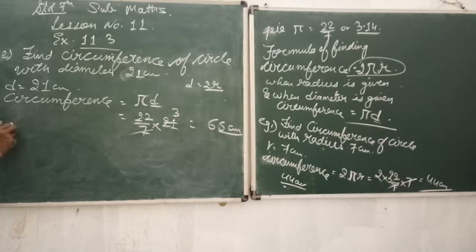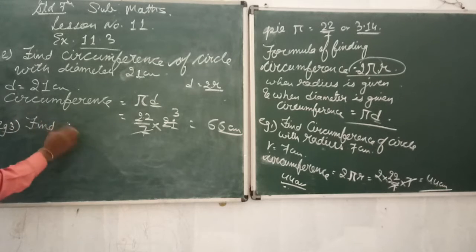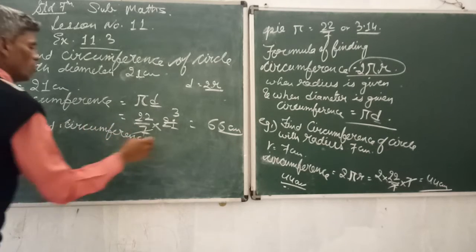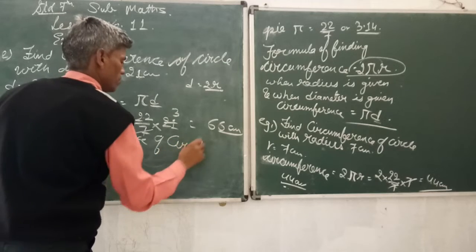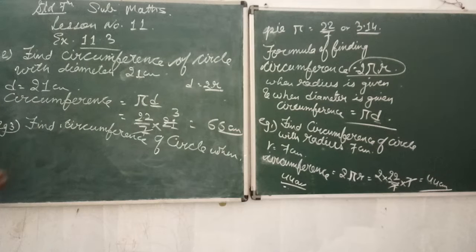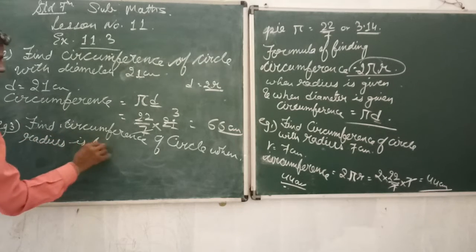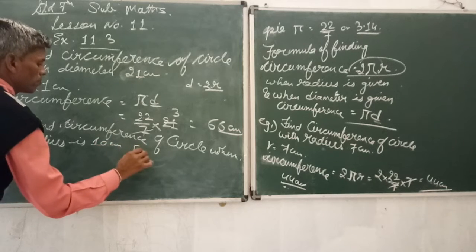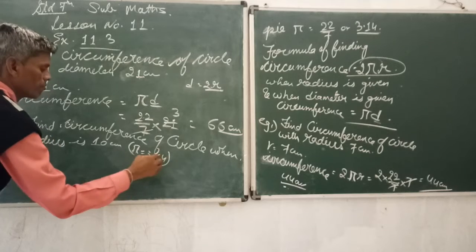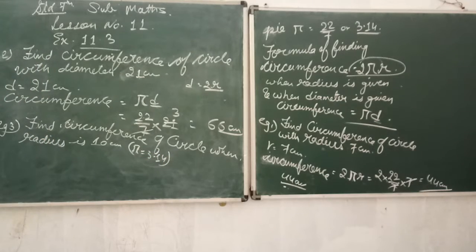Now example 3. Find the circumference of a circle when radius is 10 centimeter, pi is equal to 3.14.